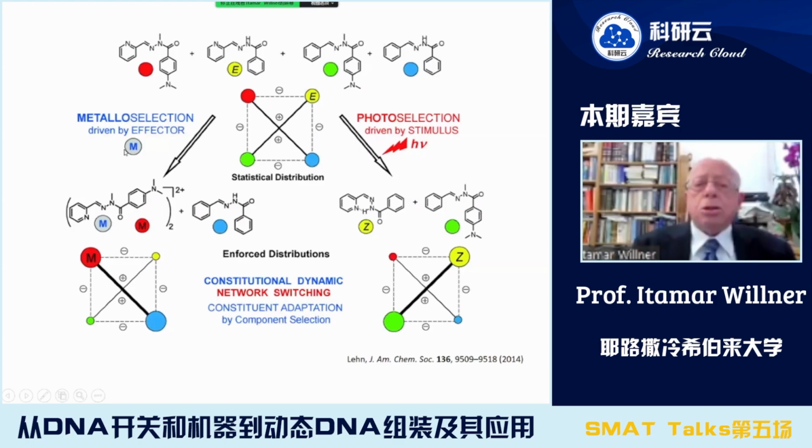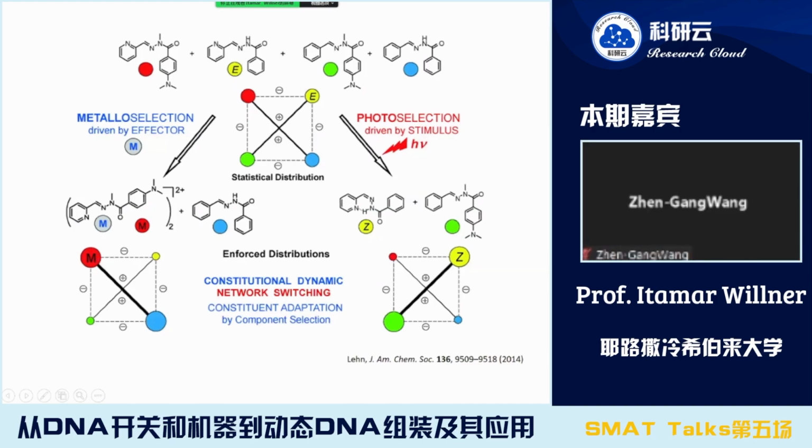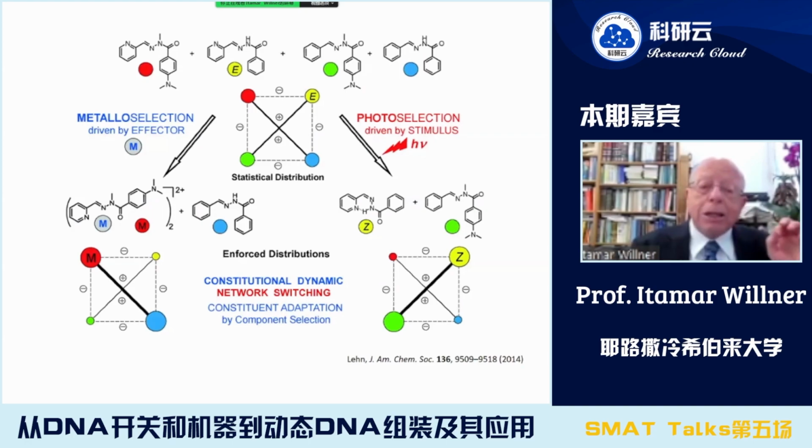Let's say that we add as a trigger metal ions, and the metal ion will bind to the red constituent. It forms a complex, it stabilizes this constituent, so the component M will be upregulated. It will increase in its content, but it will increase its content at the expense of the 2 constituents that share components with the red constituent, these 2.